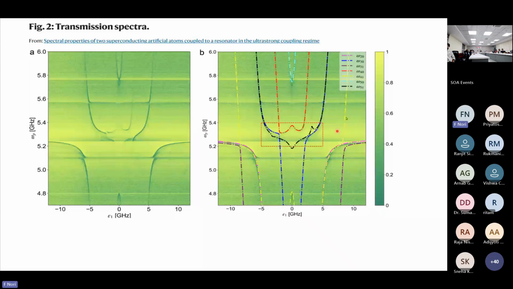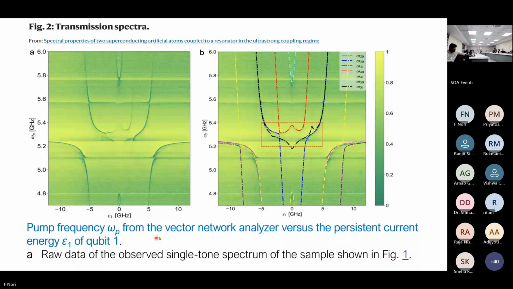There is a very nice correspondence between the data here and the theory. The pump frequency on the vertical axis is the photons being pumped in, whereas the horizontal axis is the persistent current energy of qubit 1. Qubit 1 is tuned via this flux qubit.